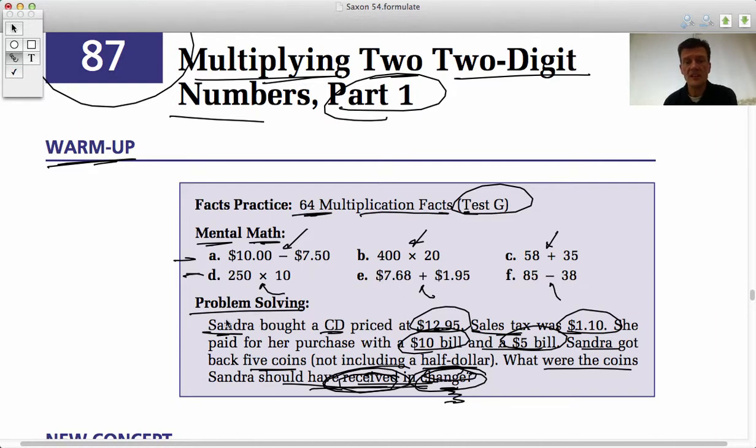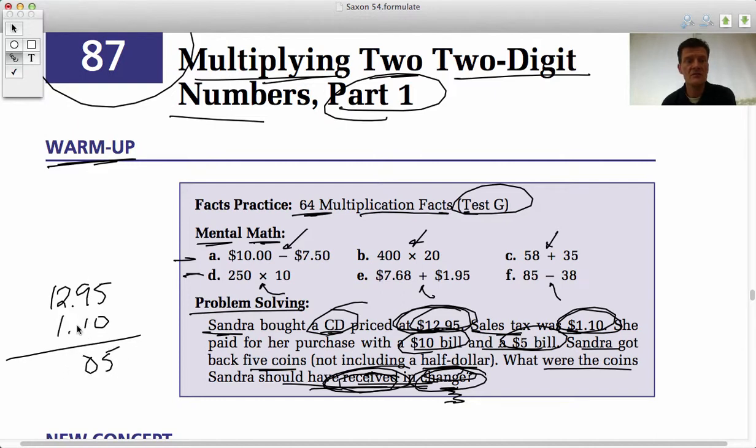Okay? So let's figure out the total amount that she owed the cashier. The price is $12.95 for the CD, and the sales tax is $1.10 total. So the total price that she owes is going to be the sum of those two. Let's add these together. She owes $14.05.